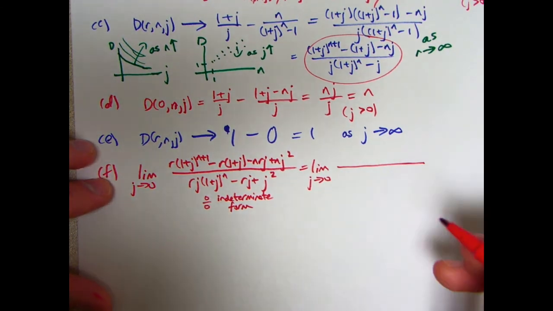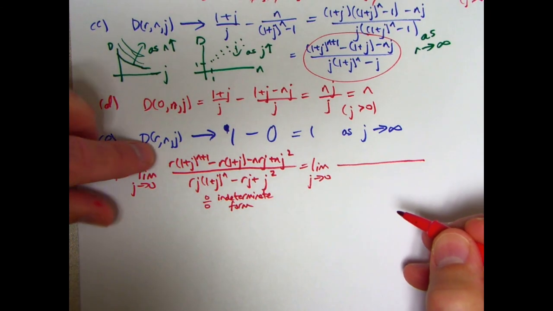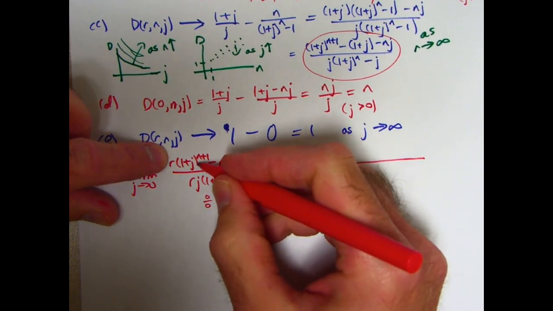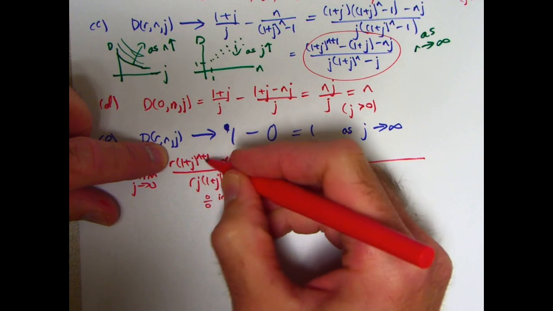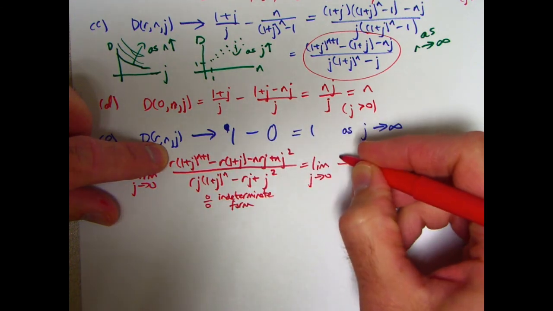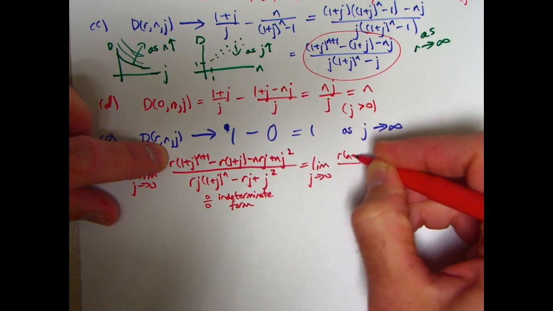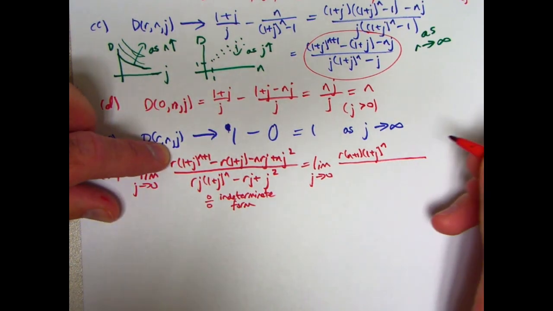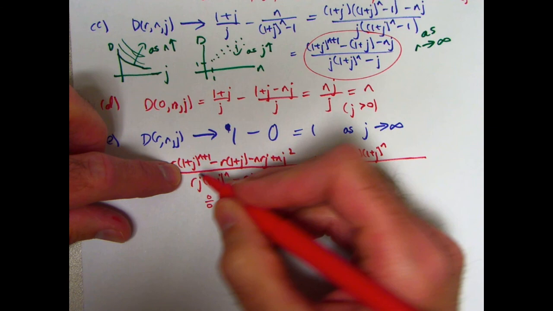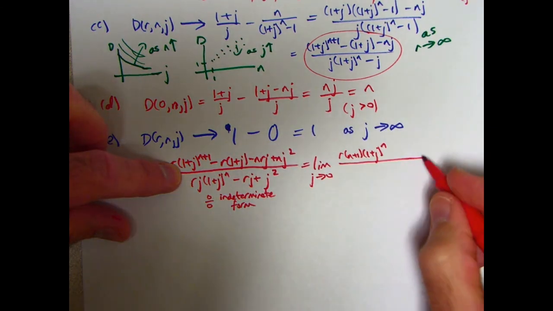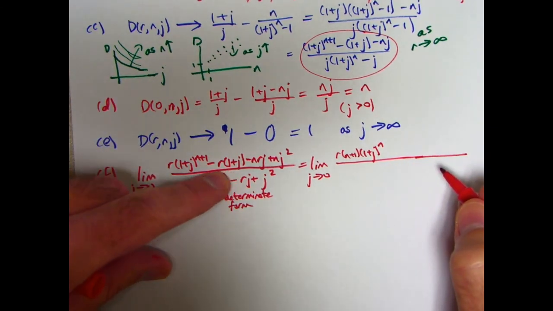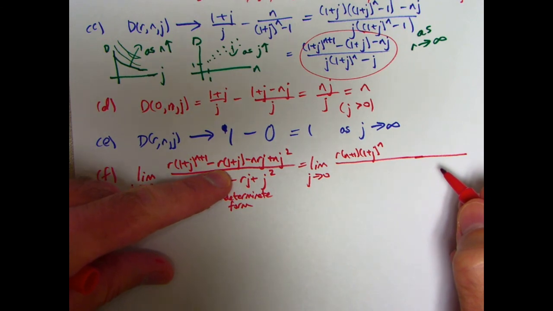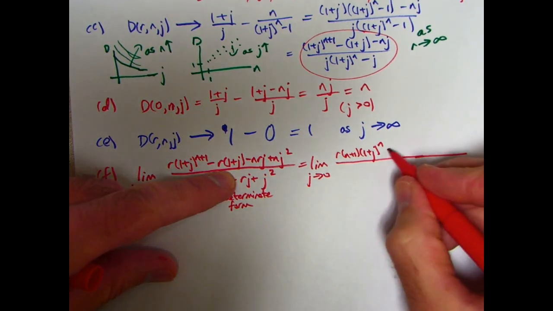Okay, so differentiate with respect to j. So this is a function of j. It's a power function of j, so I have to bring down the n plus 1. I'm going to get r times n plus 1 times 1 plus j to the n. Technically, the chain rule comes into play as well. You have to take the derivative of 1 plus j, but that's just 1. That makes it easy. This thing as a function of j has derivative minus r.